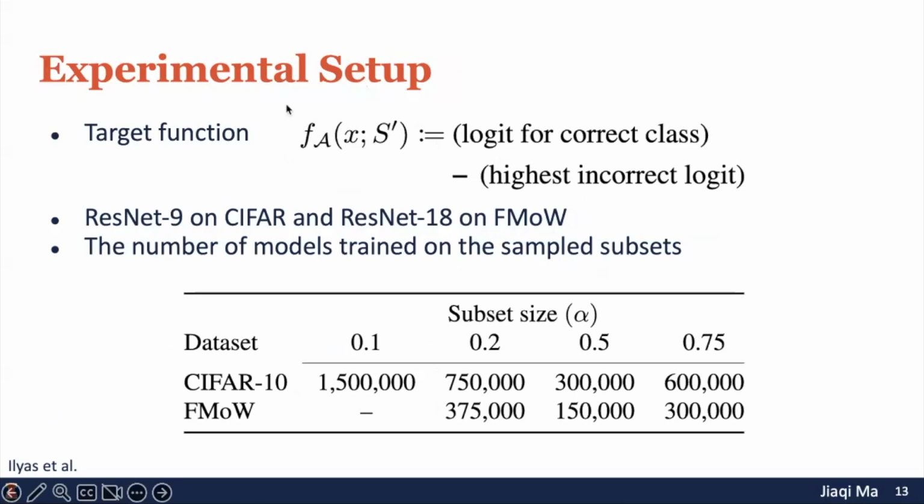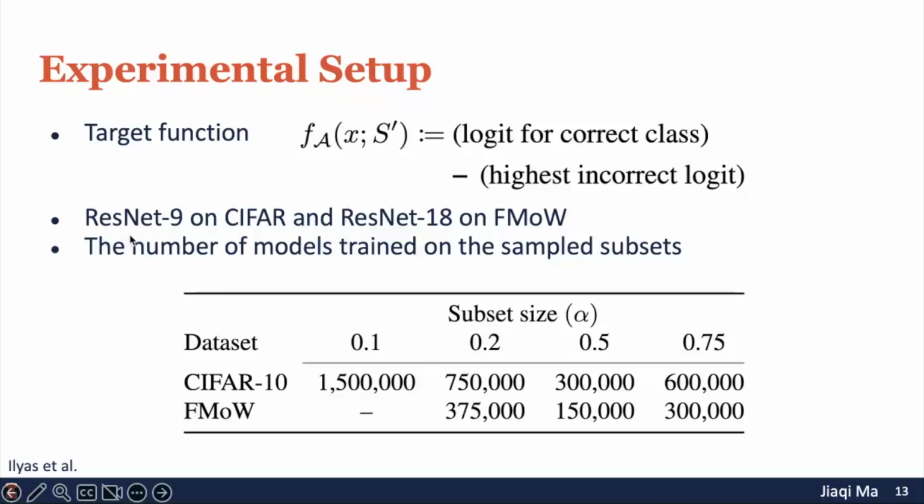They choose the target function in this experiment to be the prediction margin, which is the prediction logit for the correct class minus the highest incorrect class. So when this value is positive, the model is making a correct prediction. When it's negative, it's making a wrong prediction.